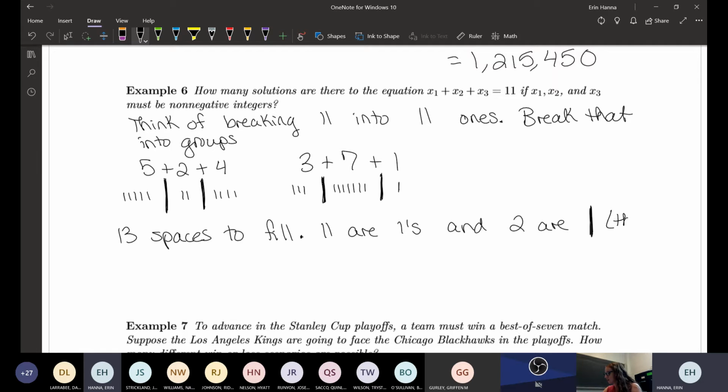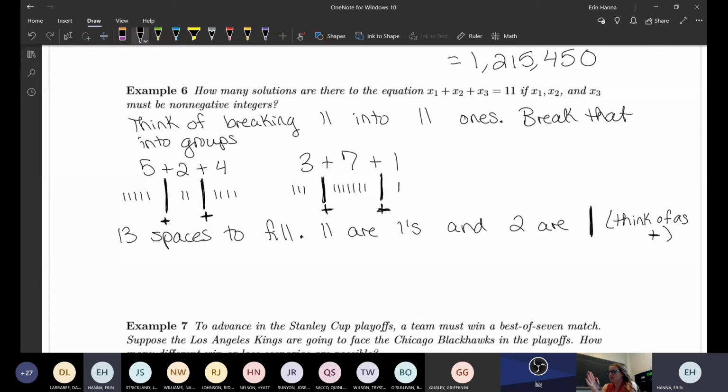We can think of each separator as a plus sign. So you could think about it as separating 5 plus 2 plus 4, or 3 plus 7 plus 1. If we break 11 into 11 ones and then break it up into groups, we have 13 spaces to fill: 11 spaces for the little ones that we're putting down, and 2 spaces for the plus signs. And so we essentially just need to fill those 13 spaces.